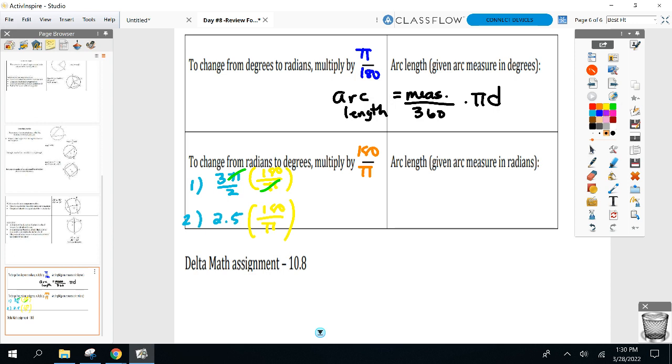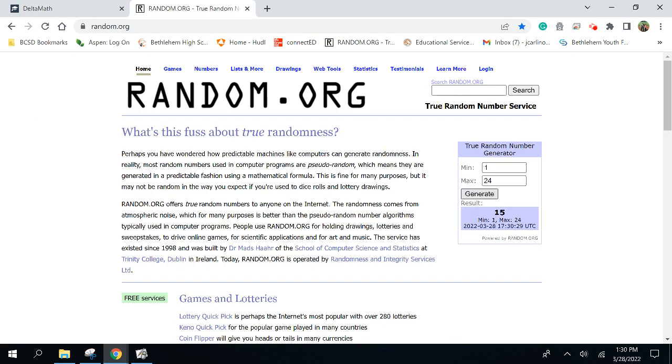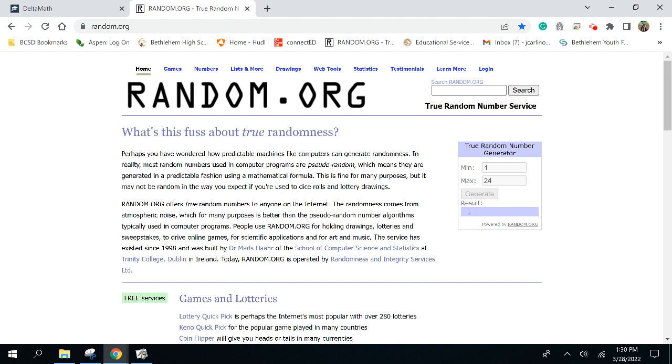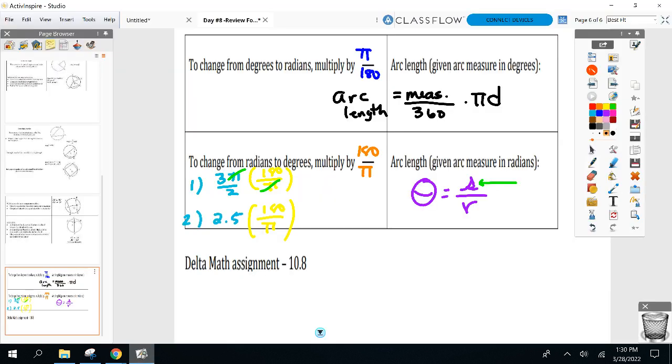What formula do I want now if it's in radians? Theta equals S over R. What's the S stand for in that formula? Arc length. That's my arc length I'll be asking for.